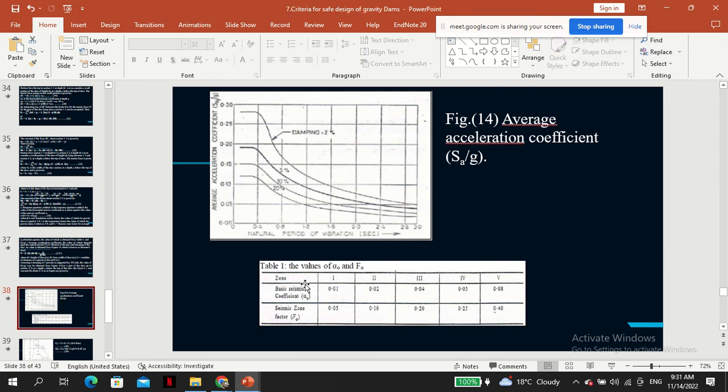So this is also a table that gives you the values of alpha naught and F naught for different zones. These zones, actually Kenya also has a map like this: zone 1, 2, 3, 4. They are zoned like that based on the severity of the earthquake in whichever area is involved. I told you, this one you can get from the code.